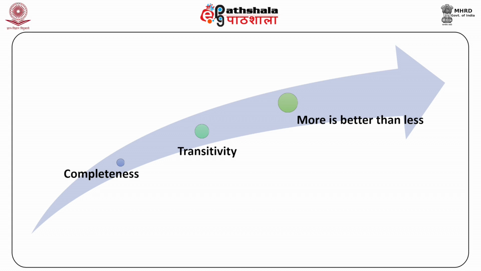The second assumption is transitivity, which says that preferences are transitive, implying that if a consumer prefers basket A to basket B and basket B to basket C, then the consumer also prefers basket A to C. The third assumption is more is better than less. So, goods are assumed to be desirable.